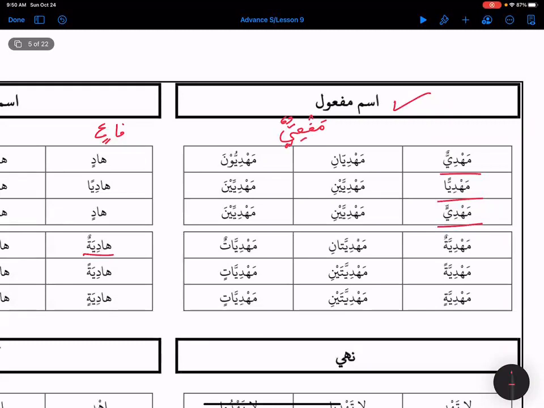So mahdiyun. And this one, the Saddha one, we know that it becomes its own.